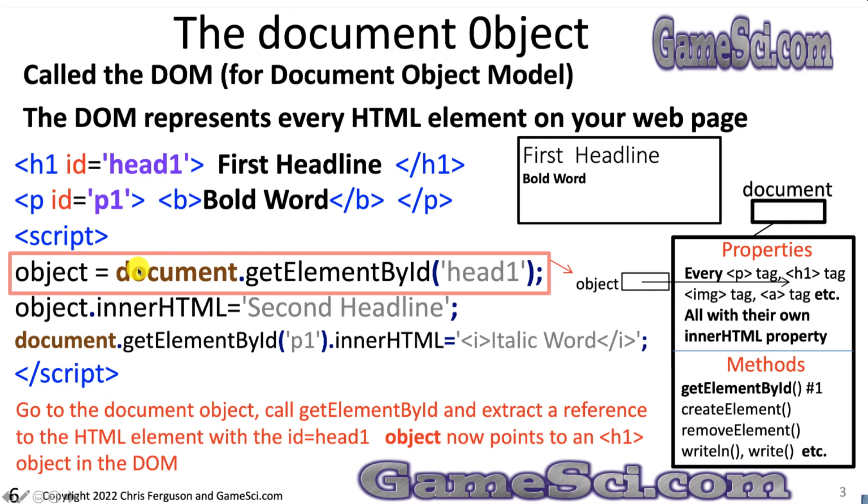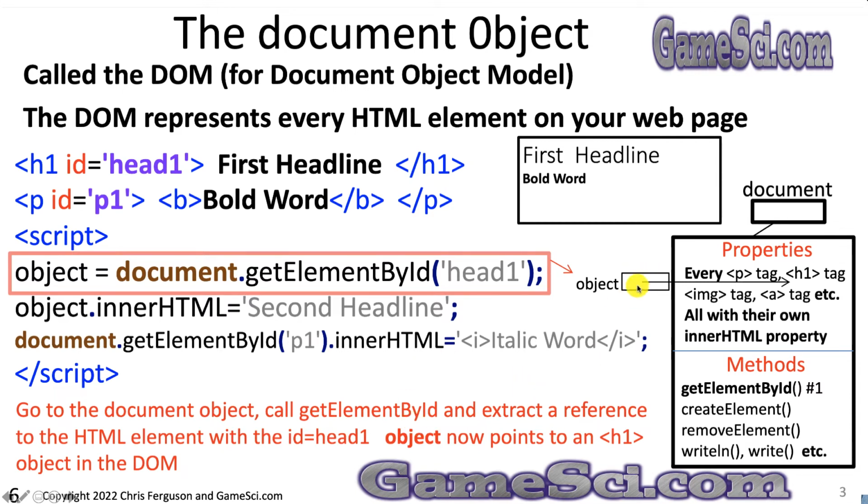We're going to go to the document object. We're going to call its getElementById, and we'll extract the reference to the HTML with the ID equals head1. We're retrieving the object that represents this headline up here, and assigning it to the variable object. Object now points to an H1 object in the DOM.